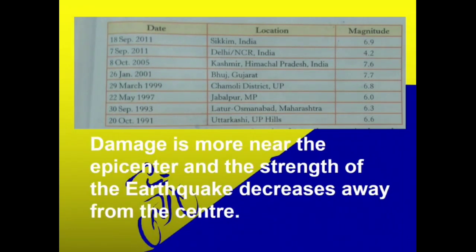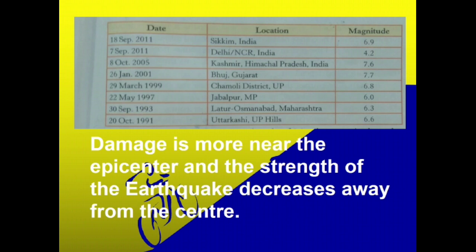Children, an earthquake can cause huge damage to life and property. The major earthquakes are always devastating in nature. The earthquake damages more near the epicenter, and its strength decreases as it moves away from the center.